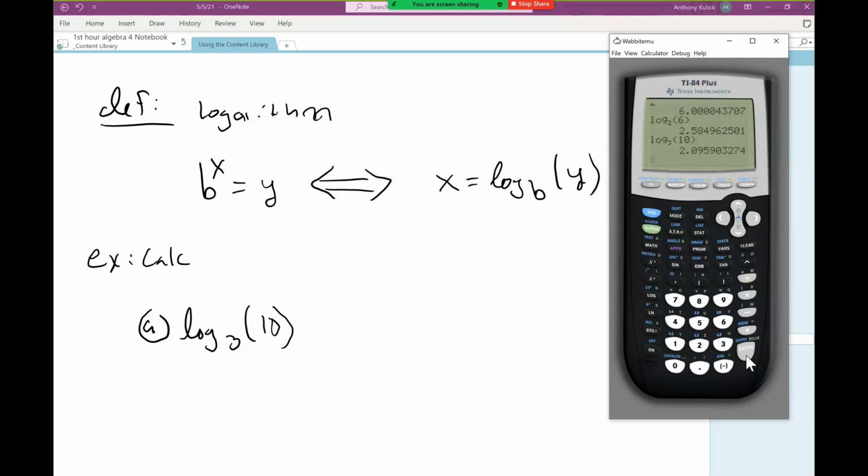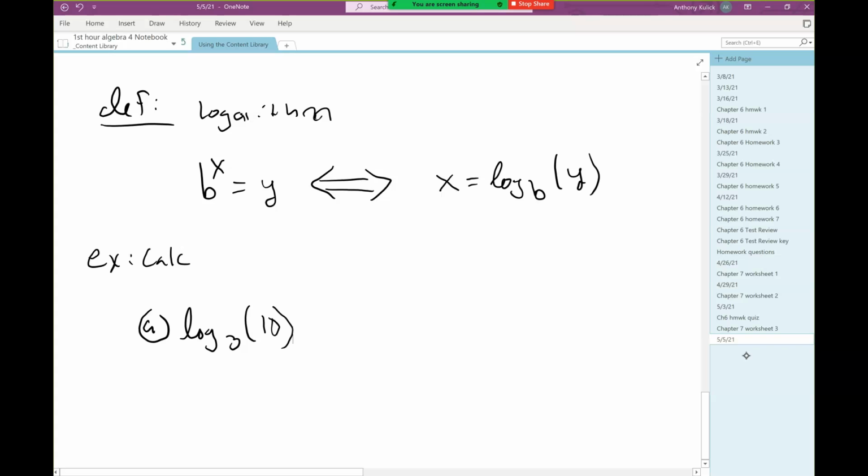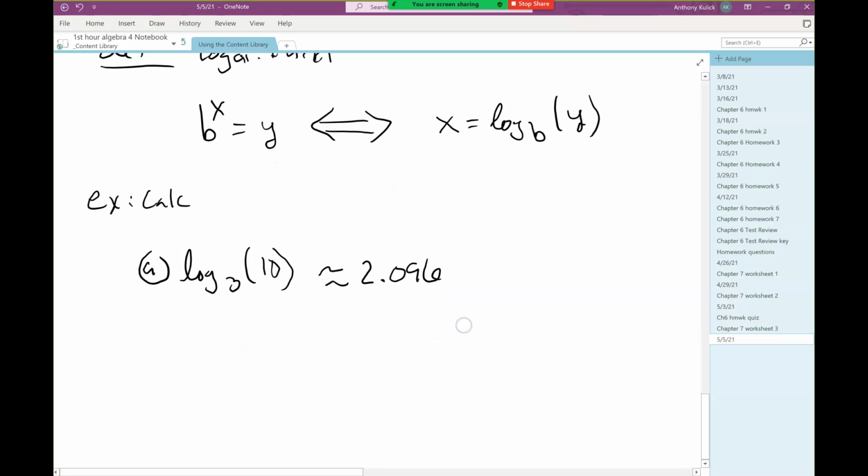So that's about 2.096. And what this is telling me is that 3 to the 2.096 should be about 10.